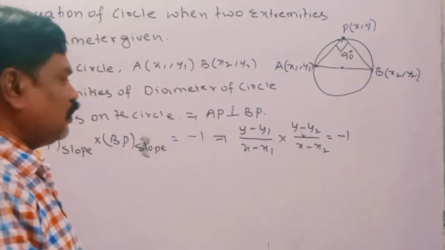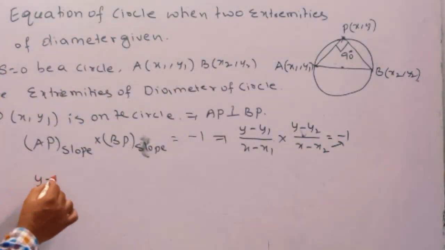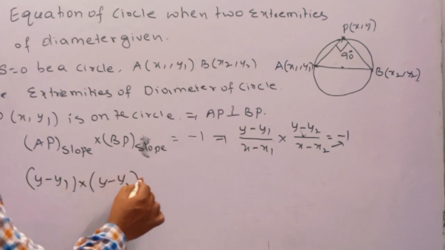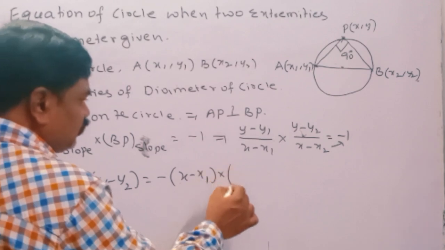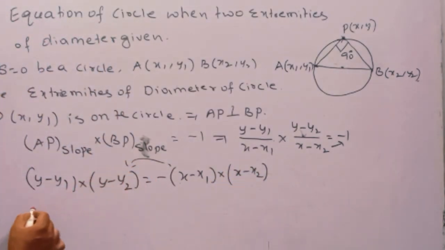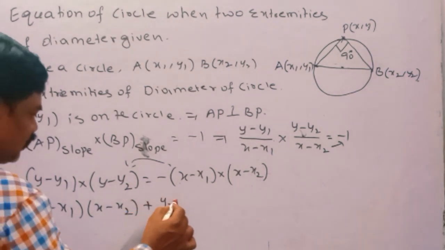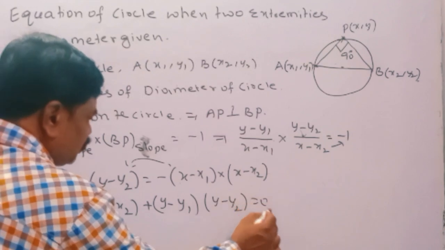By cross multiplication, you see, y minus y1 into y minus y2 equal to minus of x minus x1 into x minus x2. Taking it to one side, we can write x minus x1 into x minus x2 plus y minus y1 into y minus y2 equal to 0.